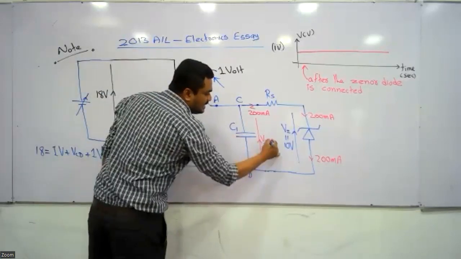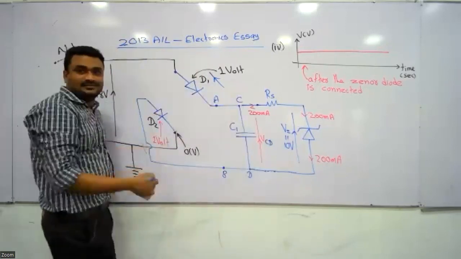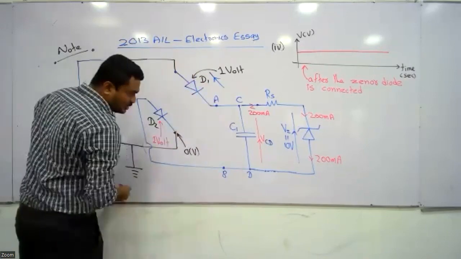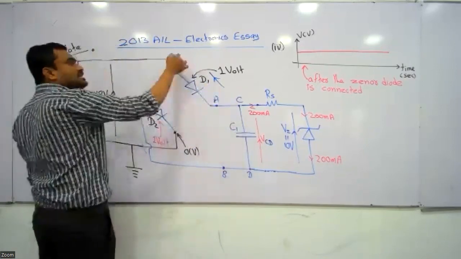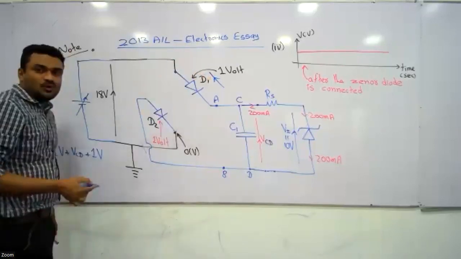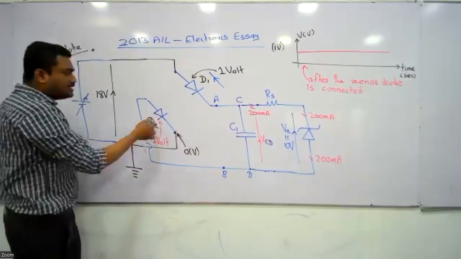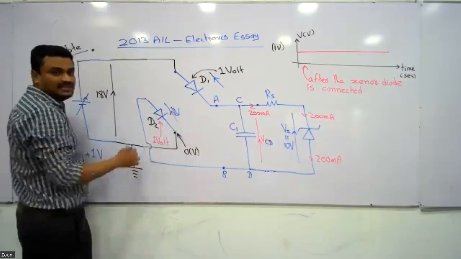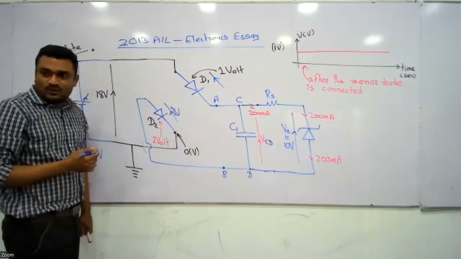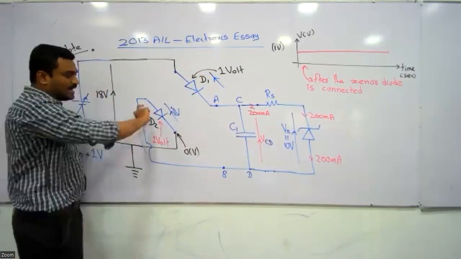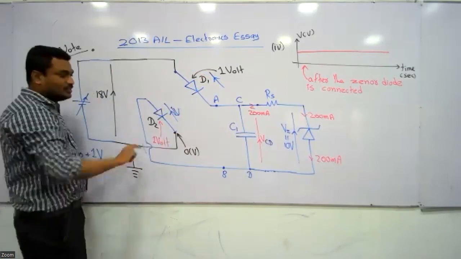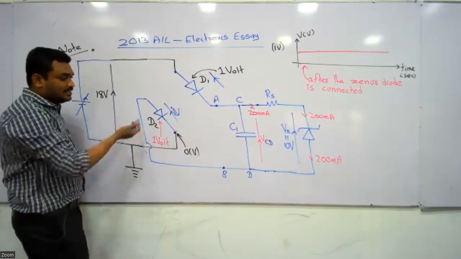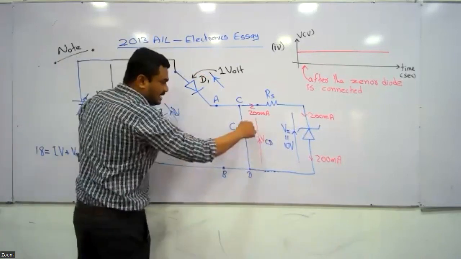Even this VCD is anti-clockwise. What about this one here? This also is anti-clockwise. You should rotate it and check. So there are 3 voltages in the anti-clockwise direction: 1 volt, VCD, 1 volt.